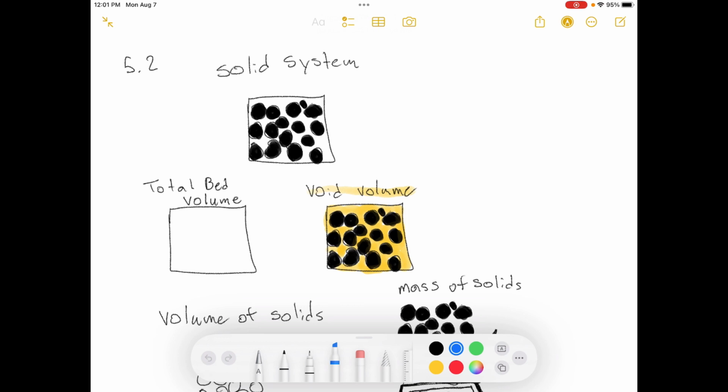The porosity or void fraction of a bed of particles is the ratio of void volume to total bed volume. The bulk density of the solids is the ratio of mass of solids to total bed volume. And the absolute density of the solids has the usual definition, mass of solids per volume of solids.